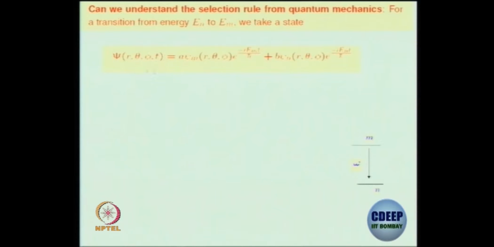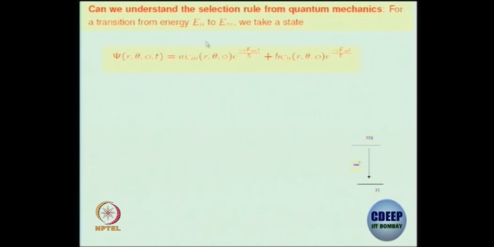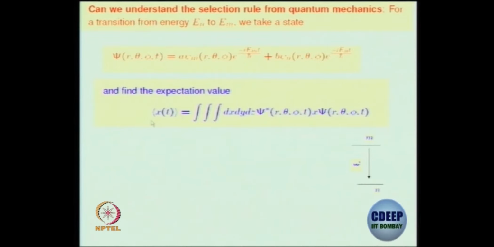Is this superposed state an eigenstate of the Hamiltonian? Yes or no? No, it cannot be. I am not trying to put all the quantum numbers, I am calling the energy levels m and n. To understand this transition you take a superposed state and find, in this state, the expectation value of x of t. You can do that.